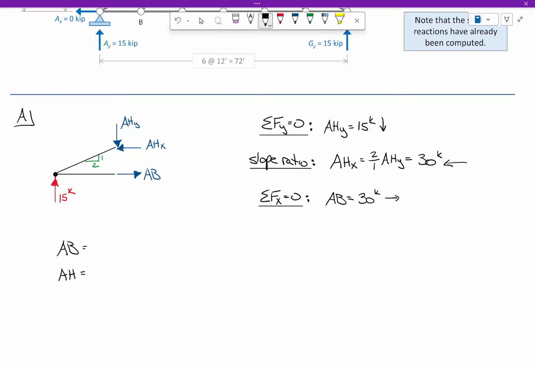Those are the two true unknowns. Now you had said this is 30 kips, and you said that was 30 kips in tension. Everybody agree with that? Okay. Now what about AH? How do I get AH? Pythagorean theorem.